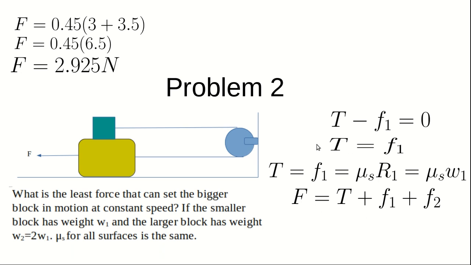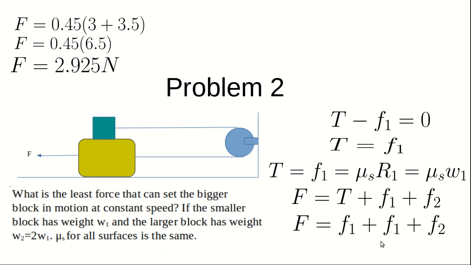But notice that we have already found T to be equal to F1, because the T in this string also goes round and it's still the same tension in the string. So our T will be replaced by F1. So we have F equal to F1 plus F1 plus F2.